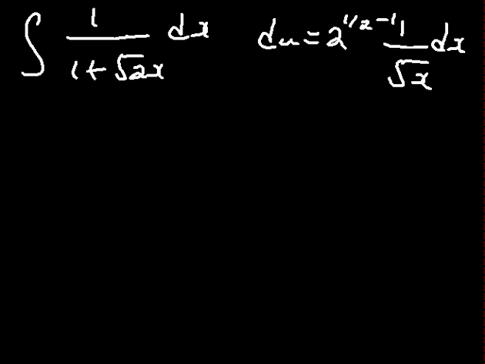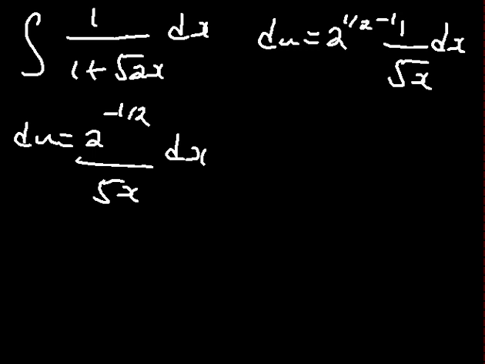So the further simplification will give us du is equal to, now what is half minus 1? We'll have 2 to the power negative half divided by the square root of x dx.